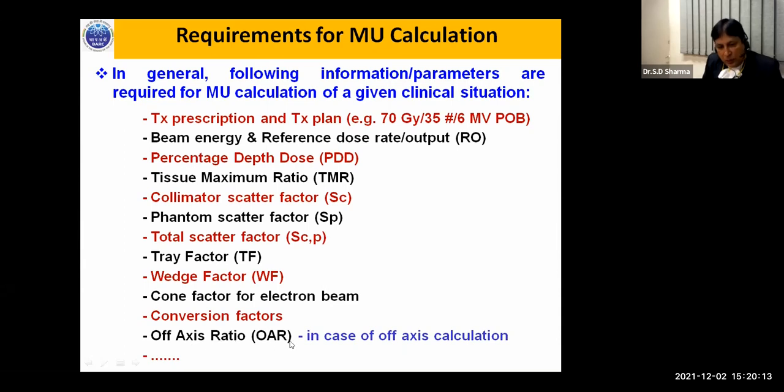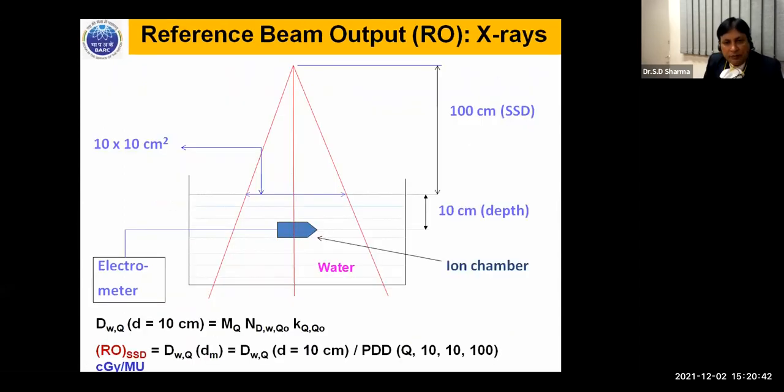In some situations, if we are interested in knowing the number of monitor units or dose rate at a point away from the central beam axis, then we need the help of the off-axis ratio. Off-axis ratios are defined away from the central axis, and I will not be discussing this parameter much because I will keep our discussion confined to the central axis.